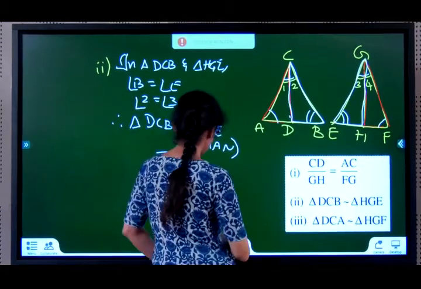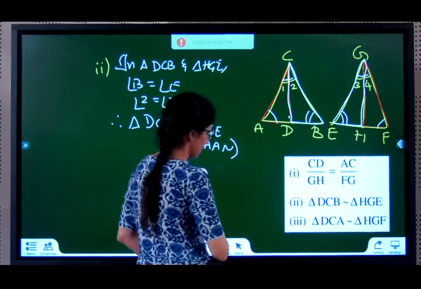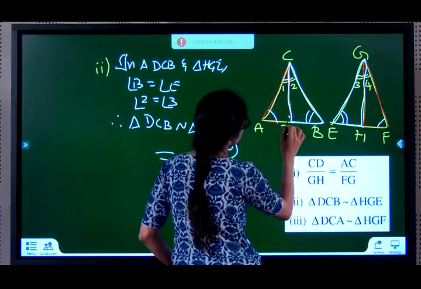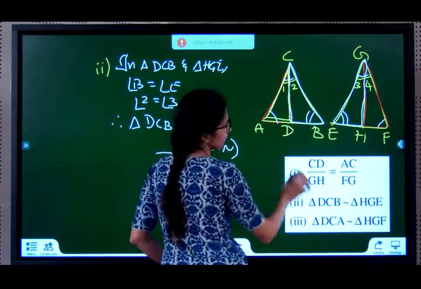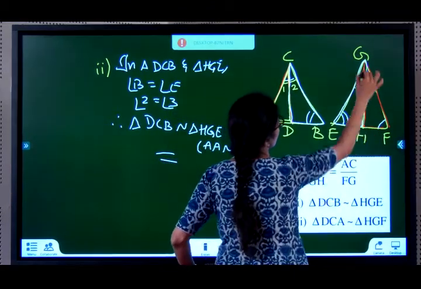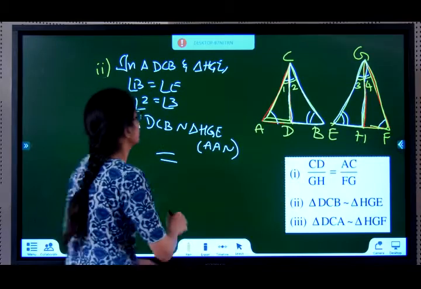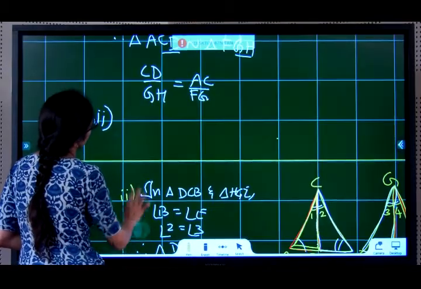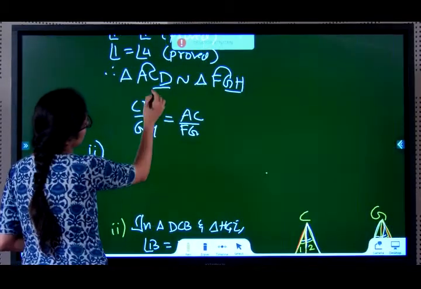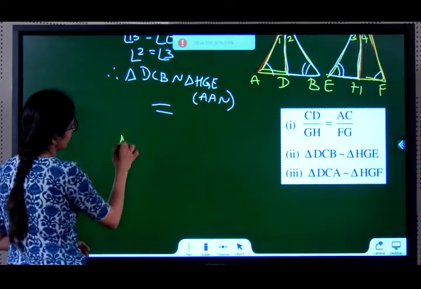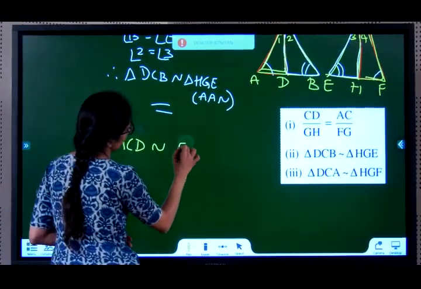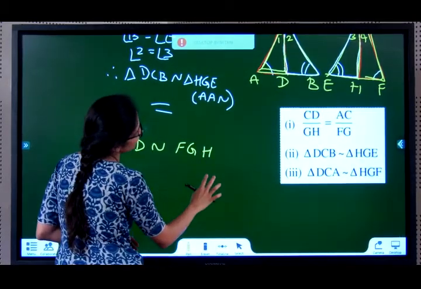Next, prove that DCA is same as HGF. We have already proved this in the first part of the proof. We have already proved this, just different naming. See, ACD is similar to FGH. So we have proved ACD is similar to FGH. They just want different naming.